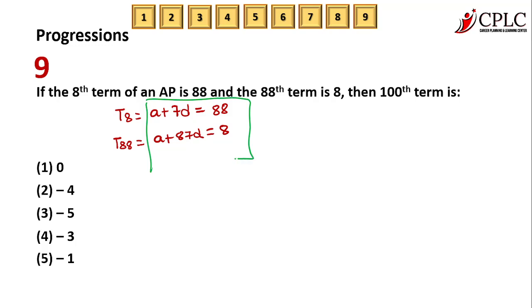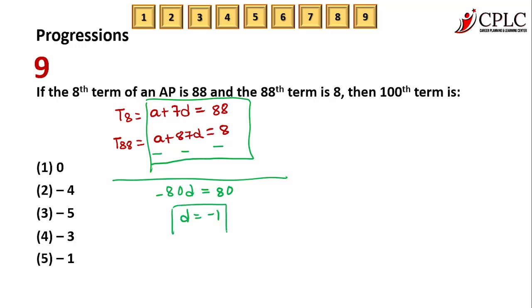We can simultaneously solve them and get the answer. So we'll subtract them both. When we subtract, a minus a gets cancelled. 7d minus 87d is minus 80d, and 88 minus 8 is 80. So d is minus 1.